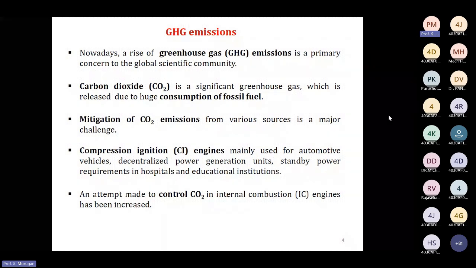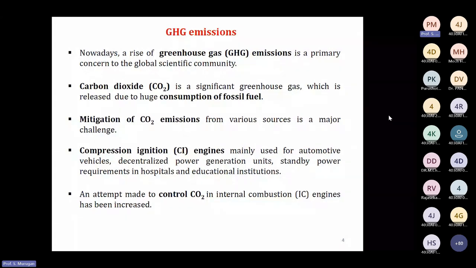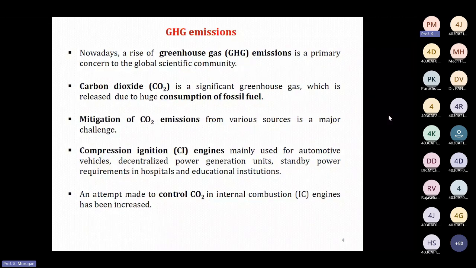So whichever CI engines are used in power generation, those can be focused on to control CO2 emission. By the way, we can capture at least up to 10% of CO2 emission originating from CI engines. That is the idea. We focus our research on capturing CO2 emission in CI engines.